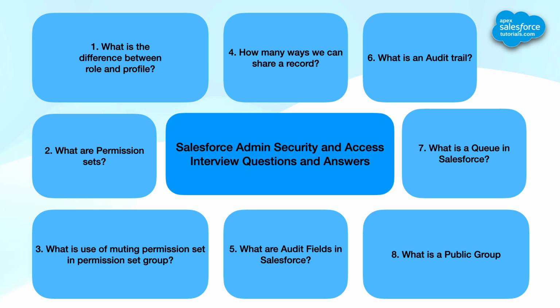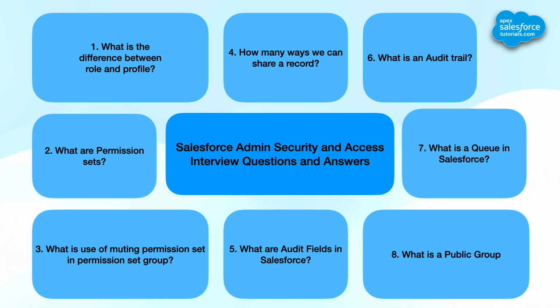Fourth, how many ways can we share a record in Salesforce? Records in Salesforce can be shared using several methods. Role hierarchy automatically grants access to users higher in the hierarchy. Example steps: go to Setup, Manage Users, Roles, Set Up Roles, Add Role, Save.